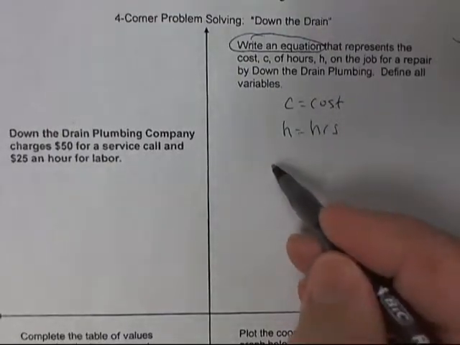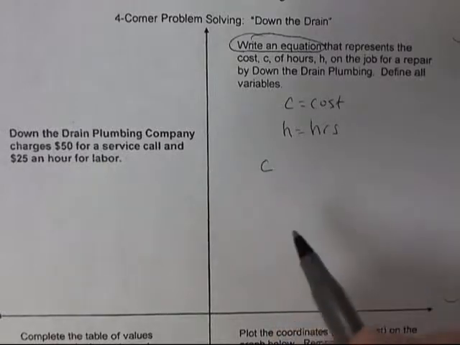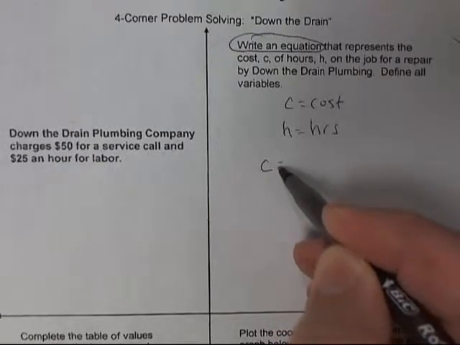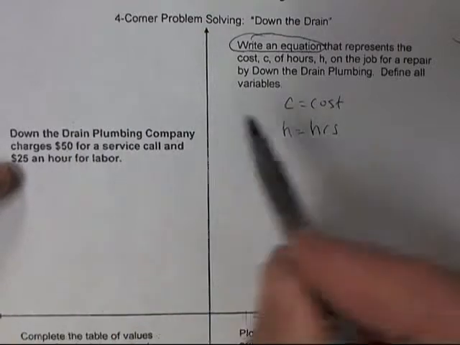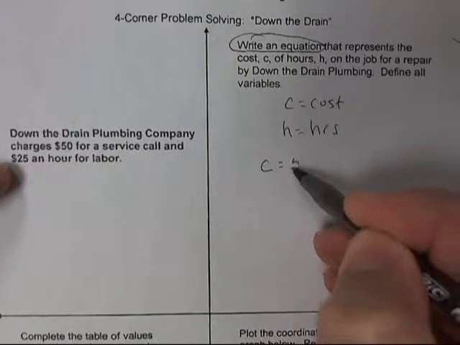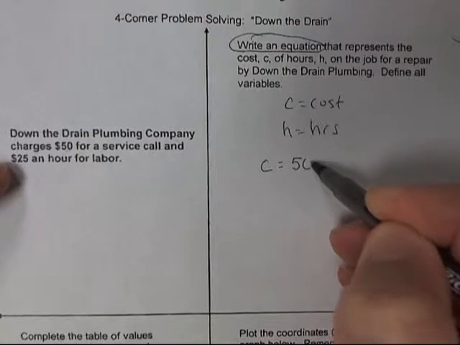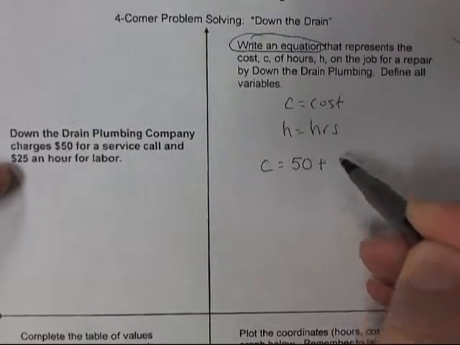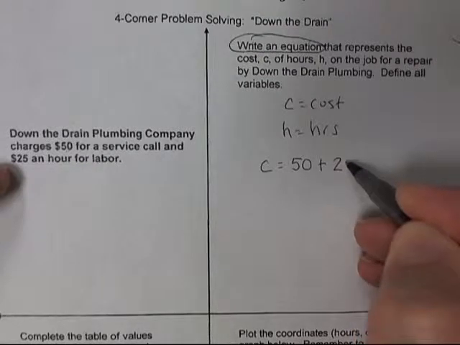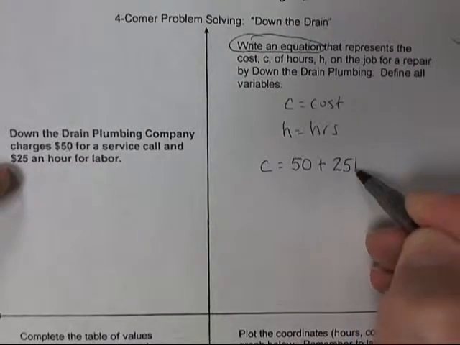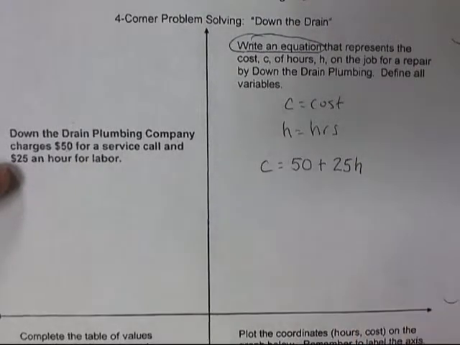So my equation is going to have the cost for a job equals the charge of $50 for a service call. So I'm going to pay that no matter how many hours the plumber's out there. Plus, you're going to pay per hour at a rate of $25. So that's represented by 25 times H.